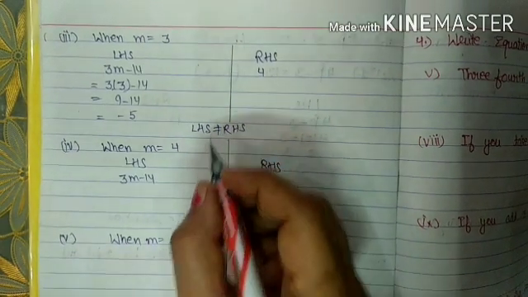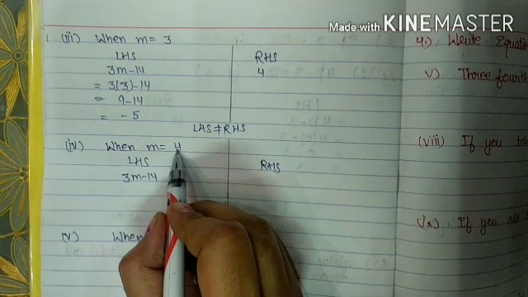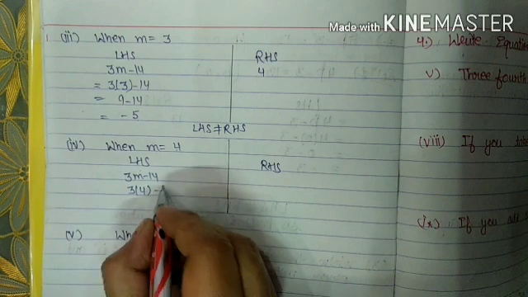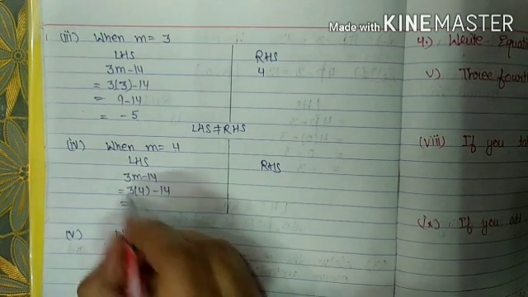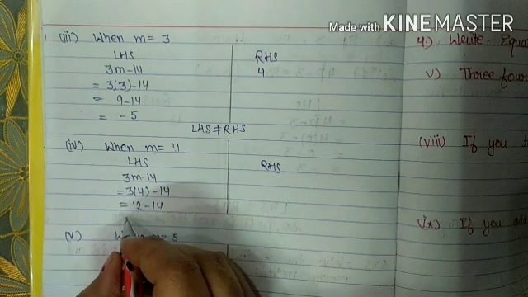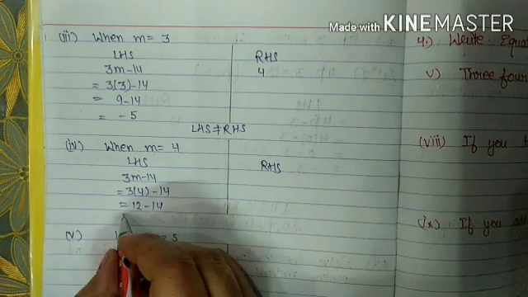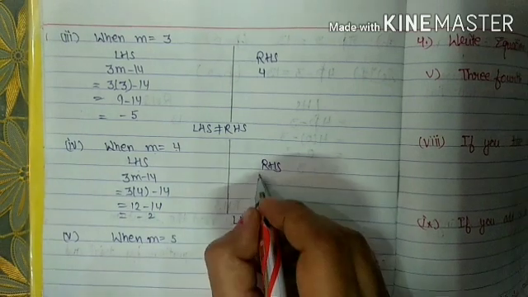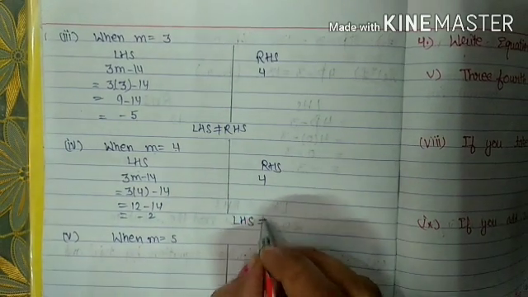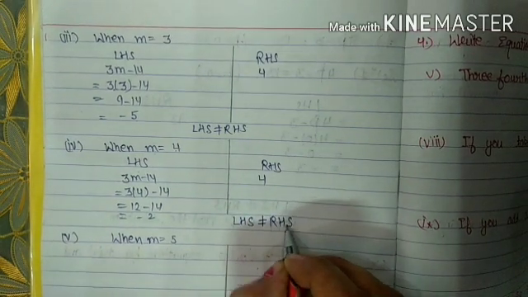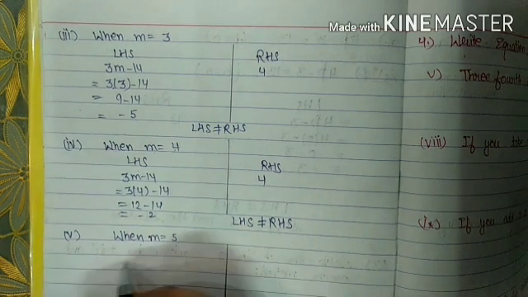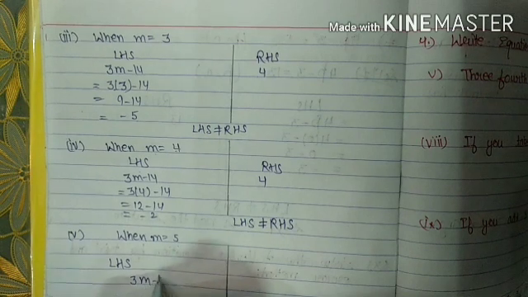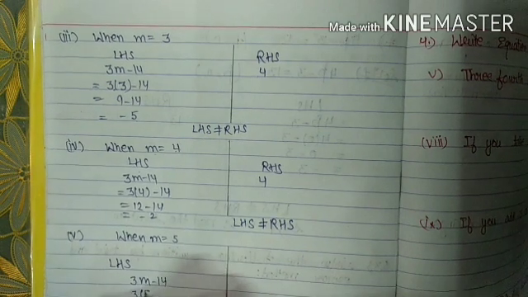So further I am thinking about m equals 4. I will put this value, 3 into 4 minus 14, means 12 minus 14. Again I am getting the value minus 2 as LHS. RHS is the same, so LHS is not equal to RHS. For m equals 5, LHS is 3m minus 14, means 3 multiplied with 5.